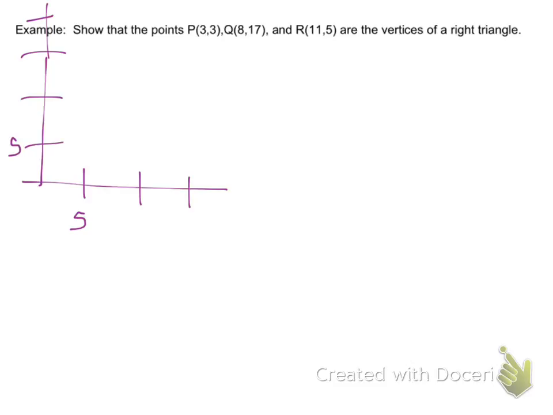Right? 3, 3. That is P. Then we go to 8, 17. Q. And the last one's 11, 5.